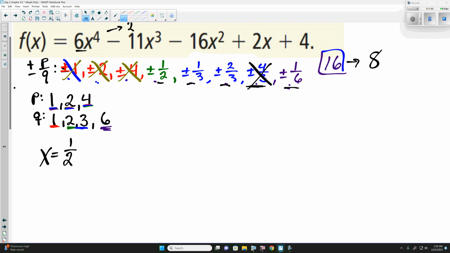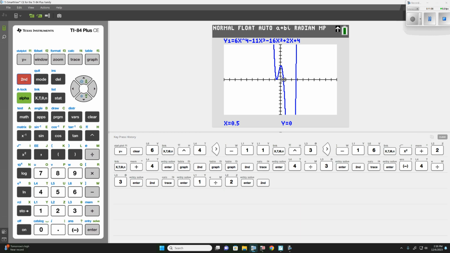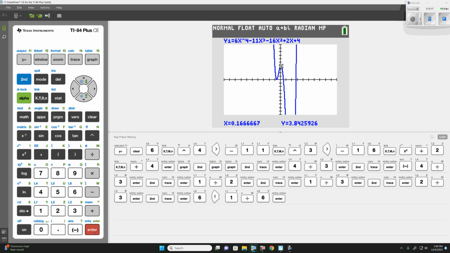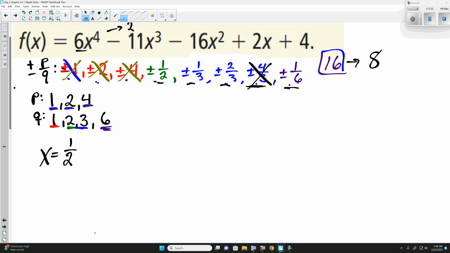Now, I could show you that here, because I could go second trace value positive 1/3, not 0. Second trace value 2/3, not 0. Yep. So the rest don't work as positives. But they could work as their negatives.